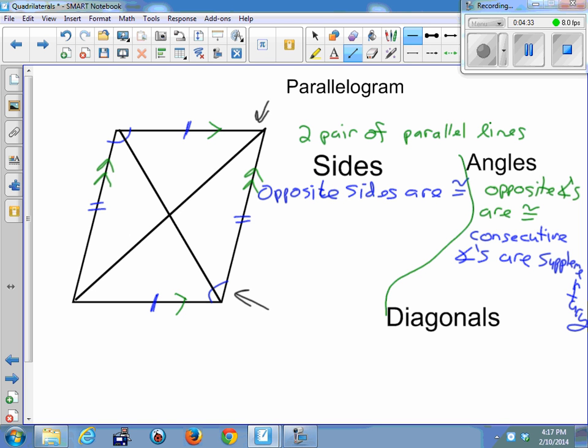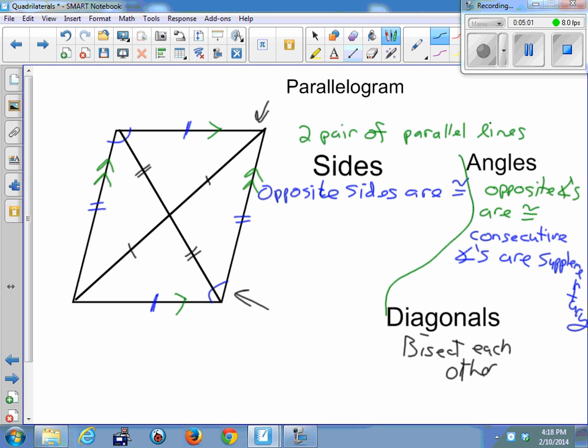So in this case, this side is congruent to this side, or diagonal, and then here and here, those are congruent as well. We'll make a foldable, we'll make a nice big table, and we'll do a lot of examples with this. But here, diagonals bisect each other.